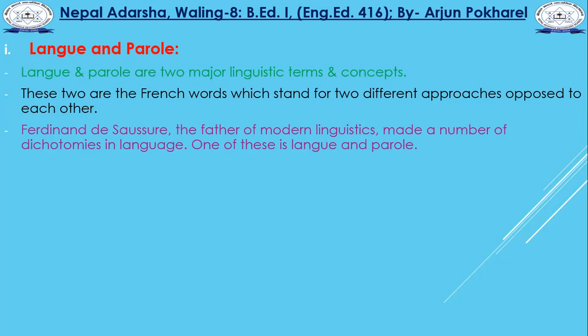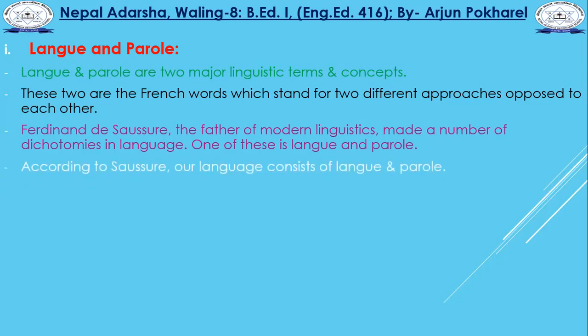Just like Langue and Parole are two different opposing views, in the same way there are many. He has made a number of opposing views in language. One of these is Langue and Parole.